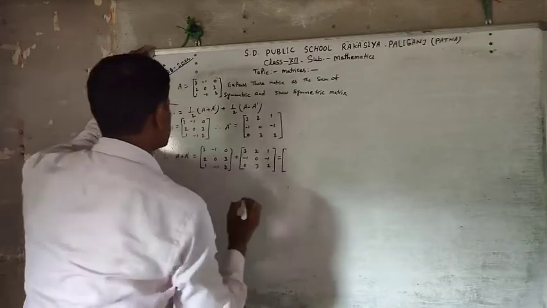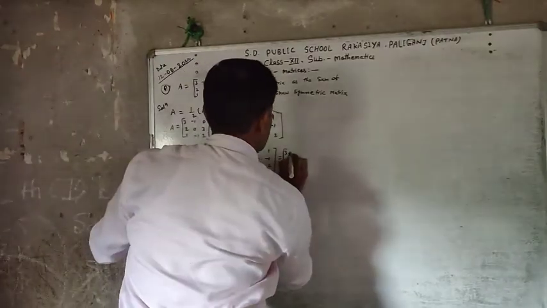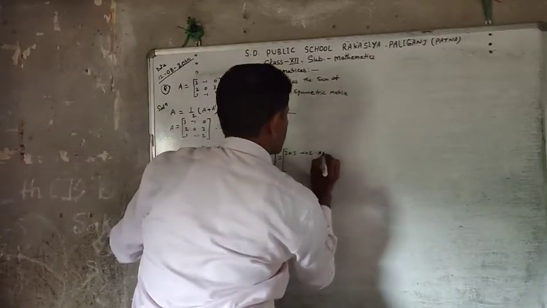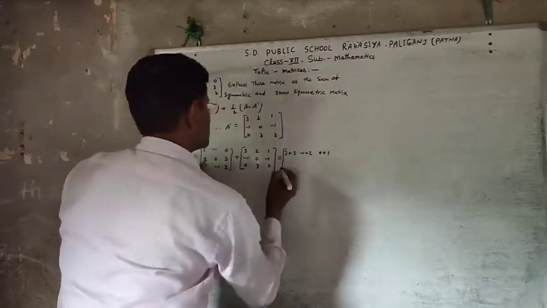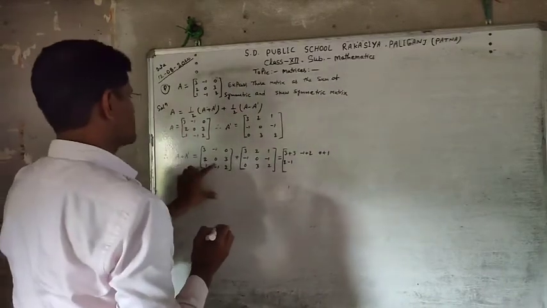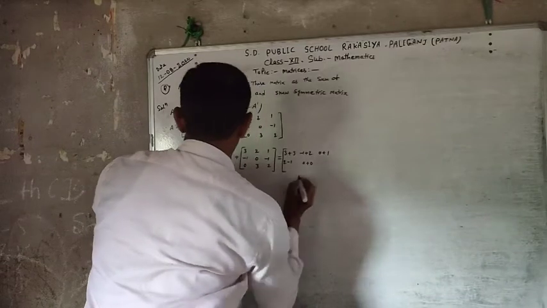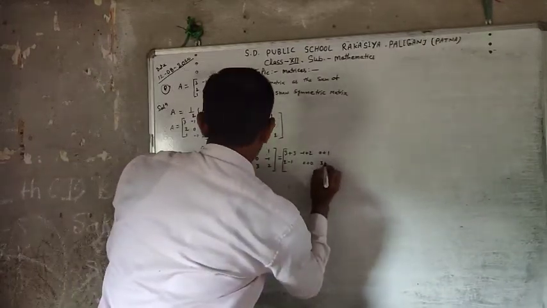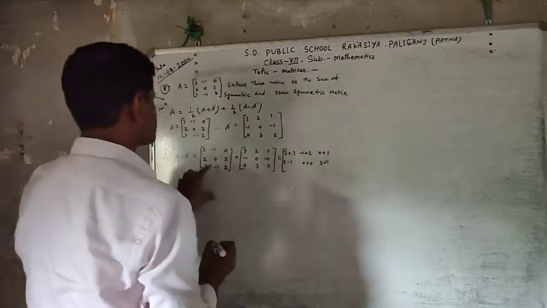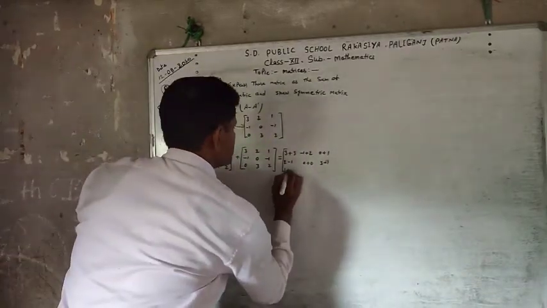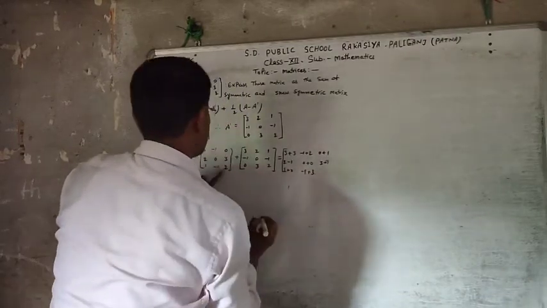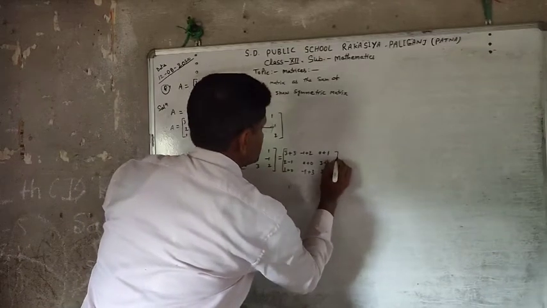We can add this: 3 plus 3, -1 plus 2, 0 plus 1, and second row 2 plus (-1), 0 plus 0, 3 plus (-1), and third row 1 plus 0, -1 plus 3 and 2 plus 2.